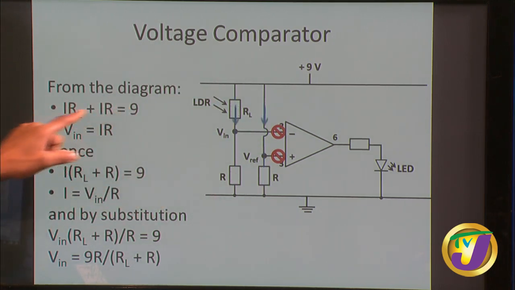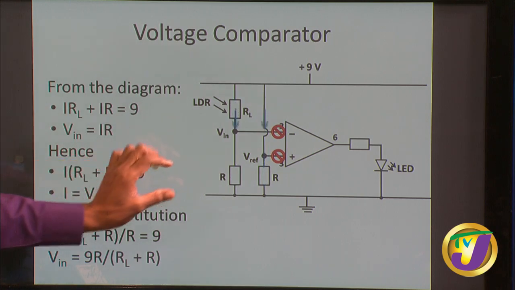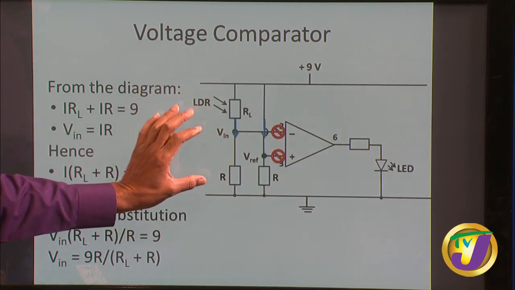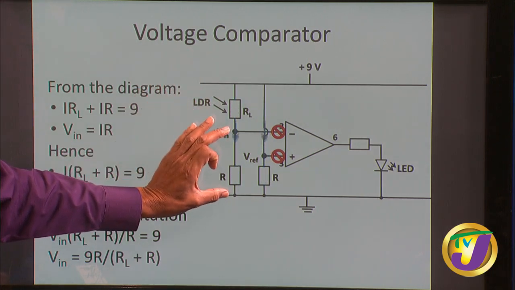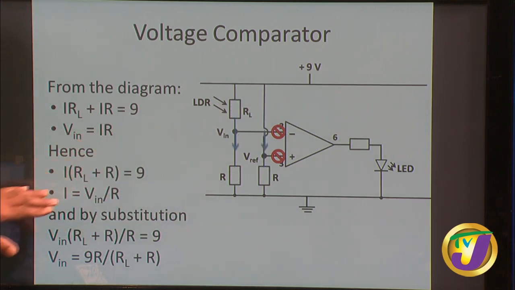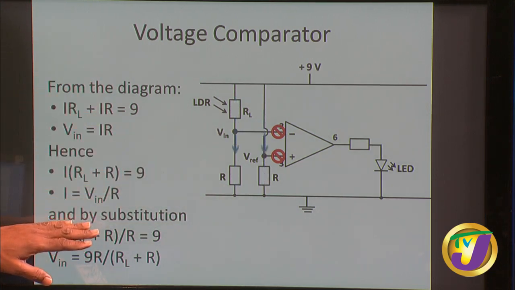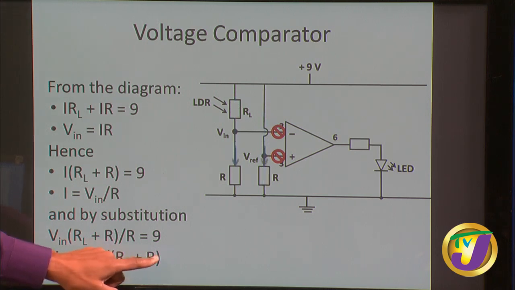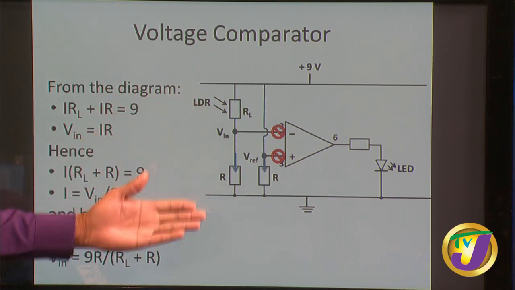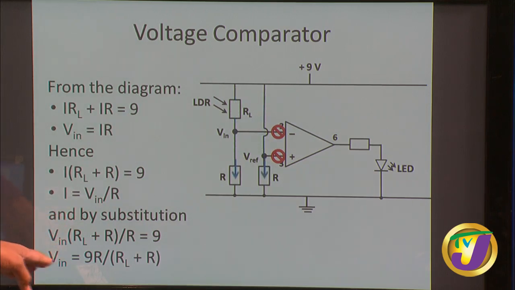And that is what that is saying here, right? Also, V in, this potential difference here, is equal to IR. And when we make the substitutions, we will end up with this equation here. You can do it for yourself, and you will see you will end up with that equation.